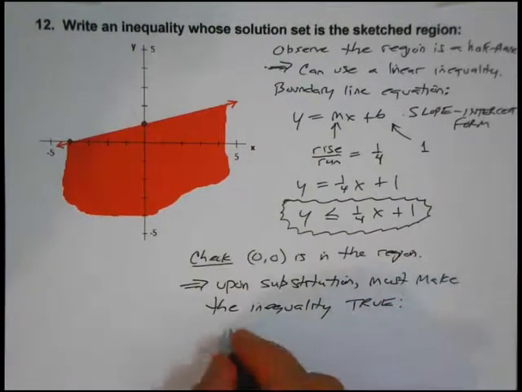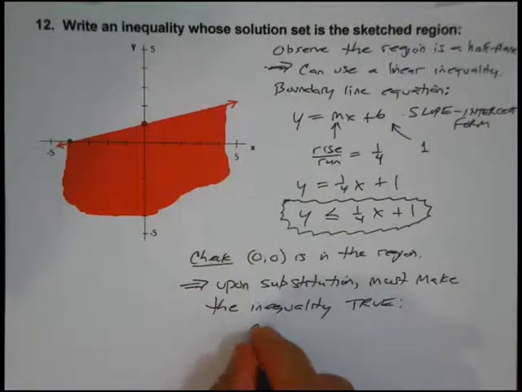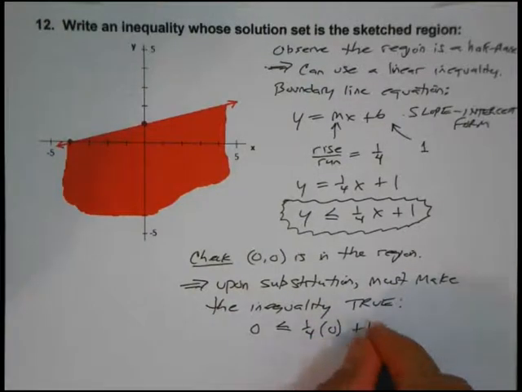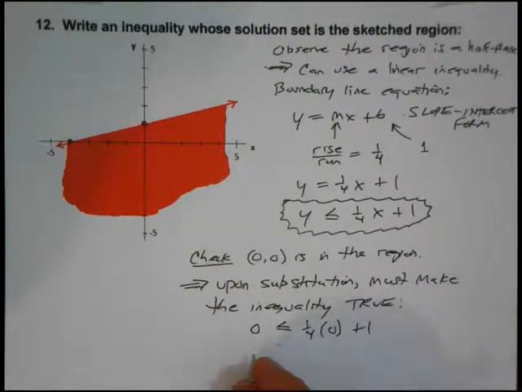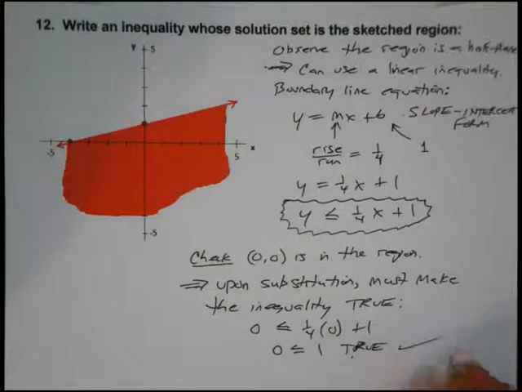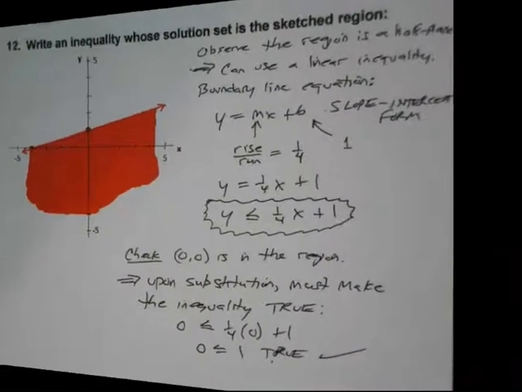Alright, here goes our substitution. 0 for y, there's the less than or equal to sign. 1/4 times 0 plus 1 simplifies to 0 on the left-hand side, a 1 on the right-hand side. Is 0 less than or equal to 1? True. That's what we wanted to see. Okay, this looks good.